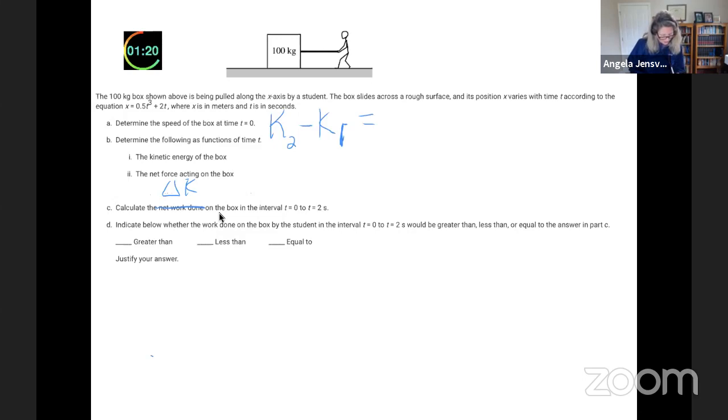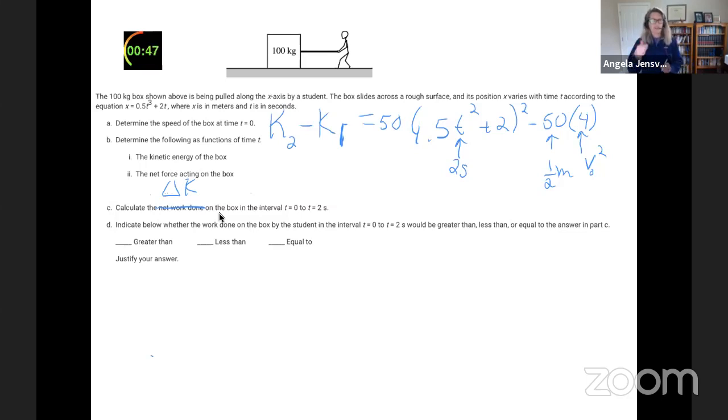I guess it's not that hard. 1/2 m, 50 times 1.5 t squared plus 2 minus 50 times 4. Okay, you guys, this is 1/2 m, and that's v at 0 squared. Are you with me? I hope I didn't lose you. Anyway, if you plug 2 seconds in here, and you use our expression, we calculated it earlier, the kinetic energy at 0, so we already did that, or the speed at 0.